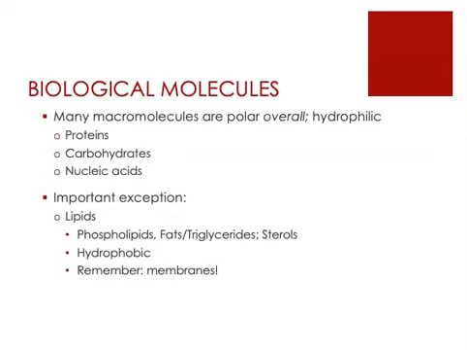Now, what do I mean by overall? These are macromolecules. They're big molecules. Protein can have regions in it that are hydrophilic and regions that are hydrophobic. It can have regions that are polar and regions that are nonpolar. But when you look at the entire molecule, its net chemistry is polar.